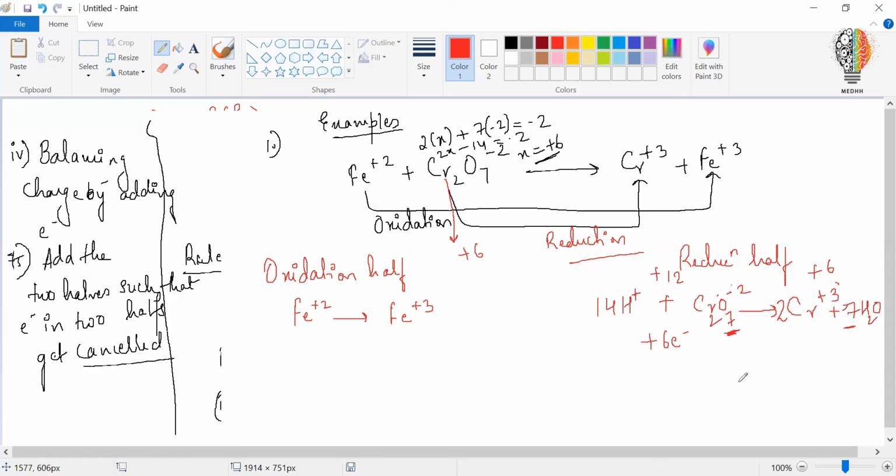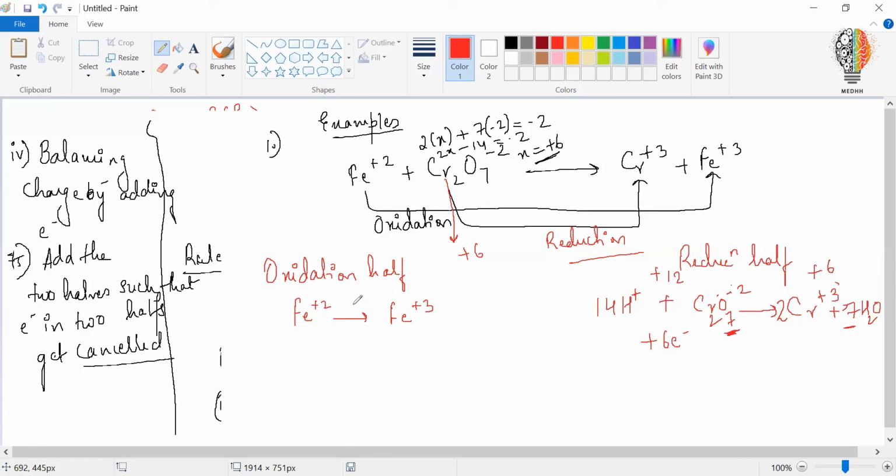Now the last one is to add the two halves in such a way that the electrons in both the halves get cancelled. Do I need to balance the charges over here? As you can see, atoms and everything is balanced, but the electrons are not balanced out. How many electrons do I need to balance here?